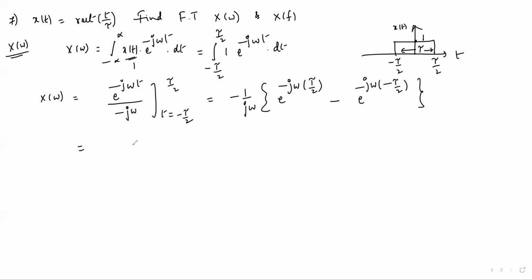Now I am multiplying the minus inside, so 1 by j omega, so that here minus minus is plus. So this term will come first: e to the power of j omega tau by 2 minus e to the power of minus j omega tau by 2.